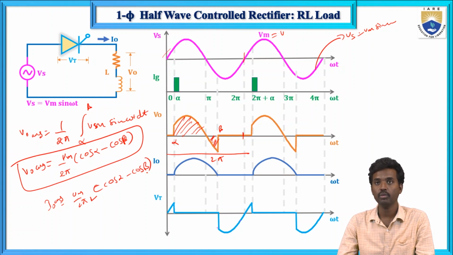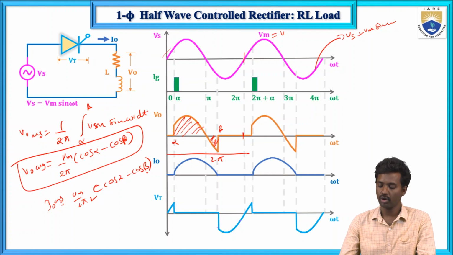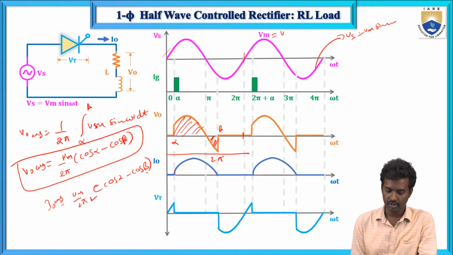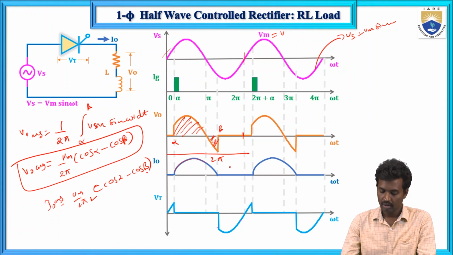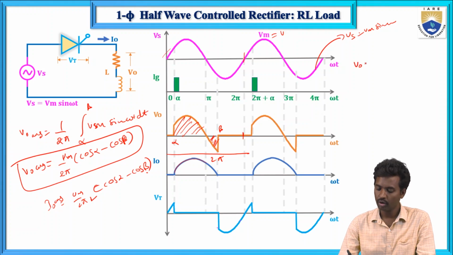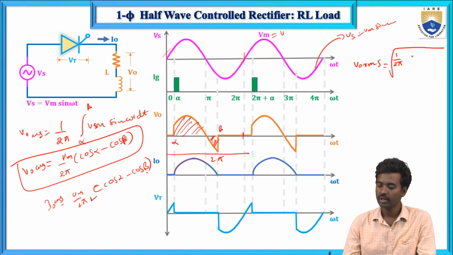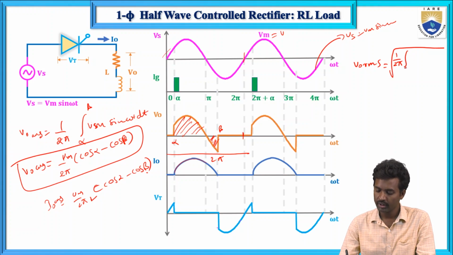And now what about the RMS value of the output voltage? So these are the average values. The RMS value equals to 1 by 2 pi, the integral from alpha to beta of Vm sine omega t whole square d omega t.